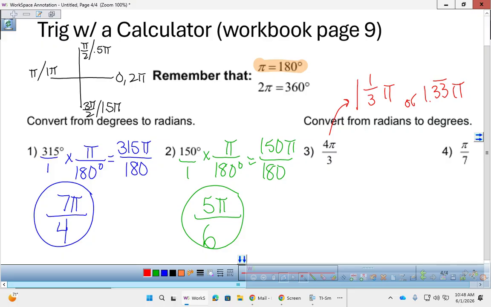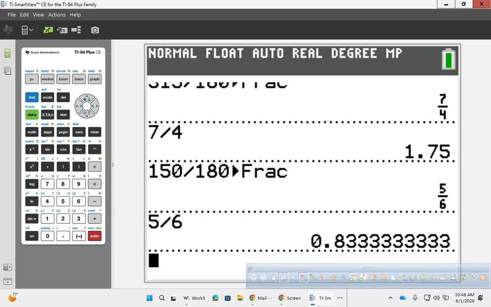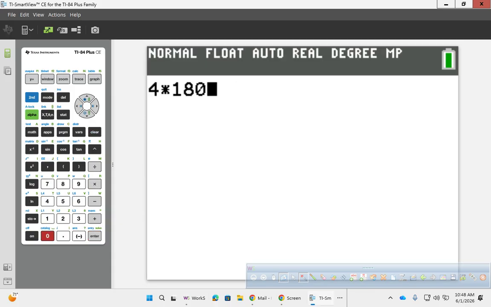Does that make sense? All right, so to actually do the conversion, we're going to multiply by a conversion ratio, but this time I want pi in the bottom since it's on the top here. So I'm going to flip my 180 and pi. I'm going to do the 4 times the 180.